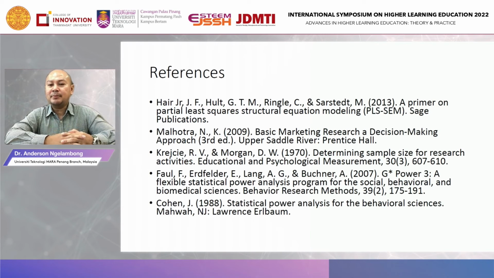For the table for SEM sample size, you can refer to Cohen, 1988, where he talked about statistical power analysis. There are many textbooks you can refer to, and these are some of the good ones.